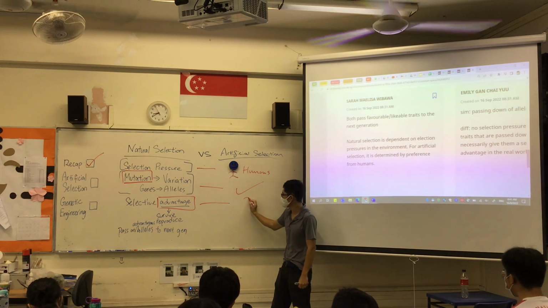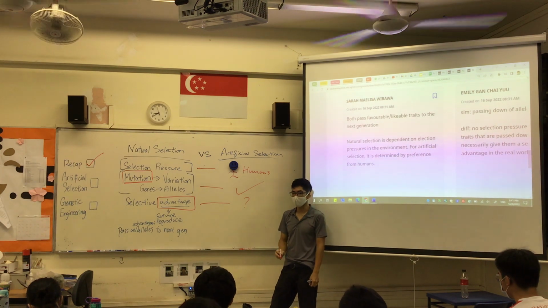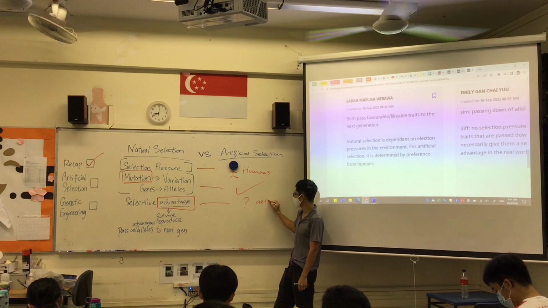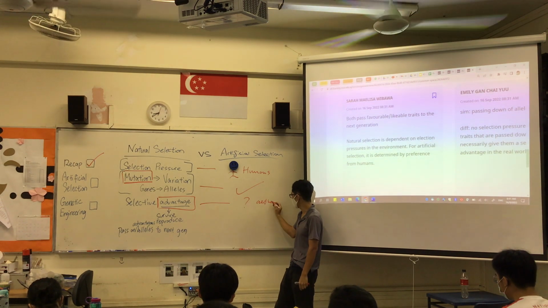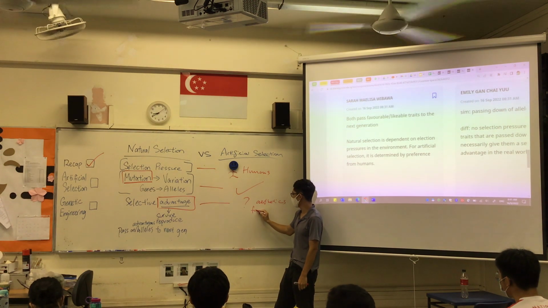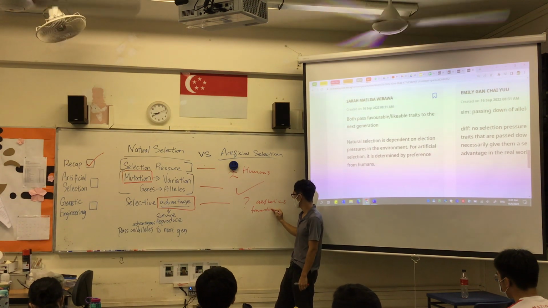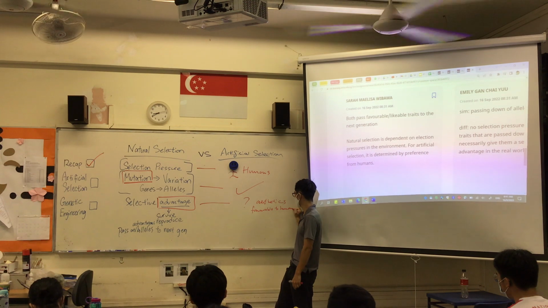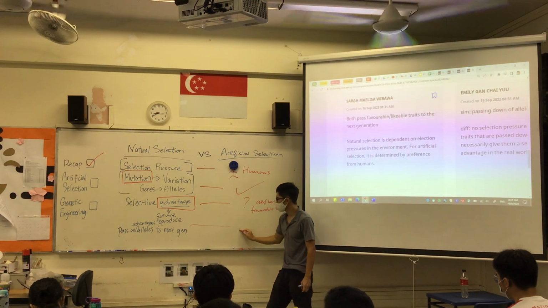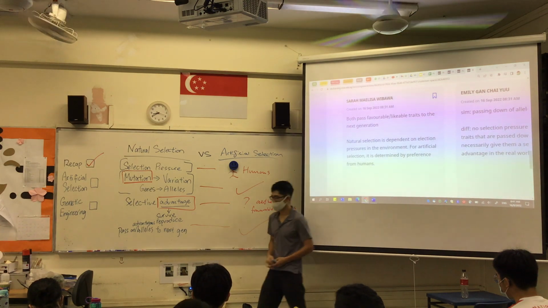So is there always an advantage? Not necessarily, because sometimes we look at aesthetics. Sometimes we look at what is favorable to humans, not necessarily the animal. We will pass it on.